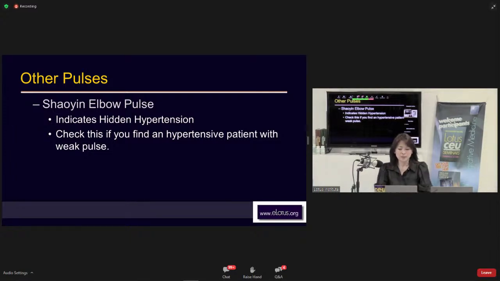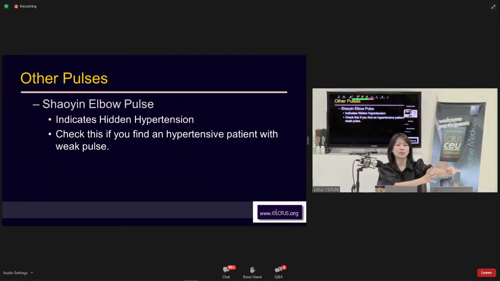Now, if this intake form shows that the patient has high blood pressure and Dr. Chang is feeling the pulse, and the pulse feels weak and small and deep, but the blood pressure is high, that is when he will go to this pulse here to check the elbow and see if there's any kind of pulse here.